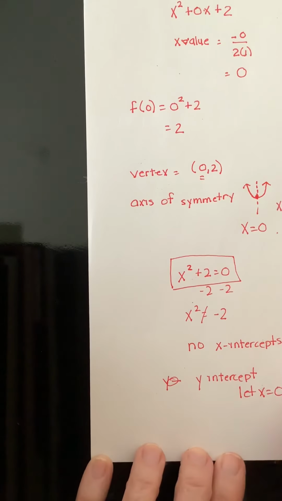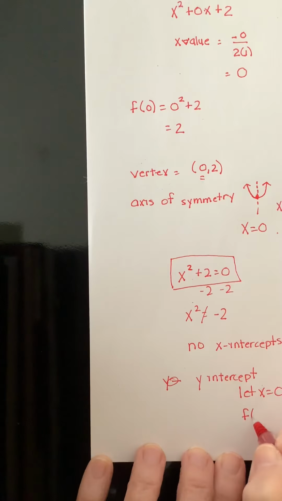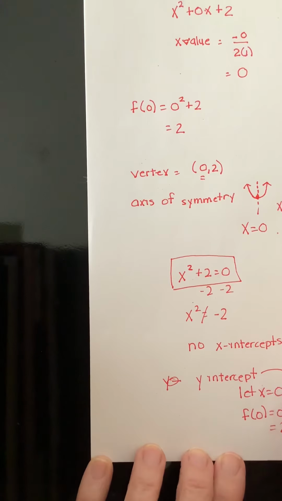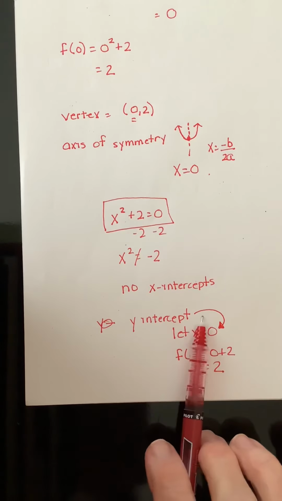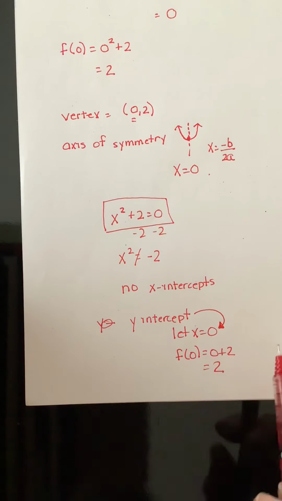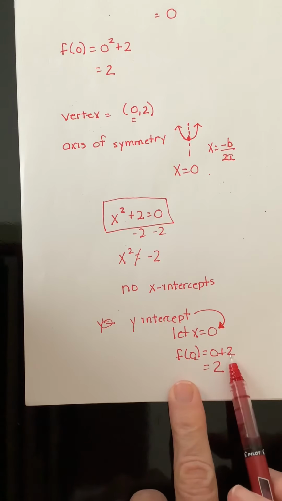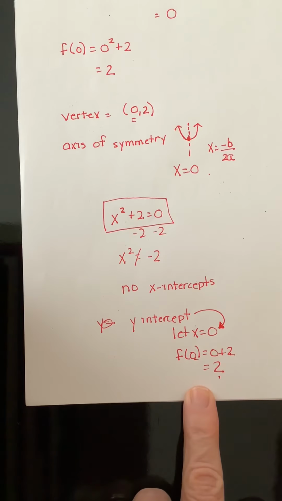If we let x equal 0, we get 0 plus 2, which is 2. For any problem, this is the easiest way to get that y-intercept. You're always going to let x equal 0. So we plugged 0 in for x into our original equation, and we got y is equal to 2.